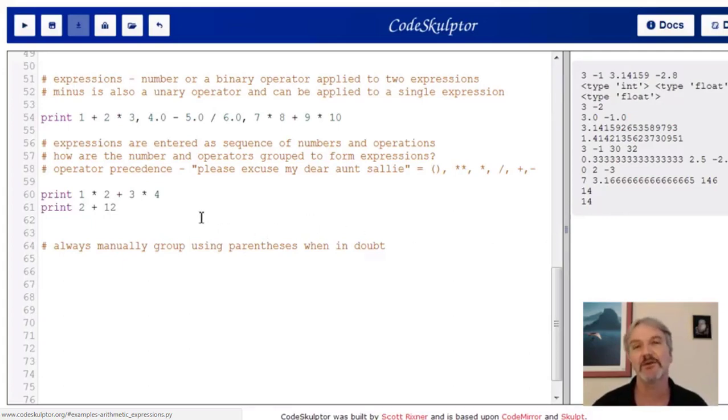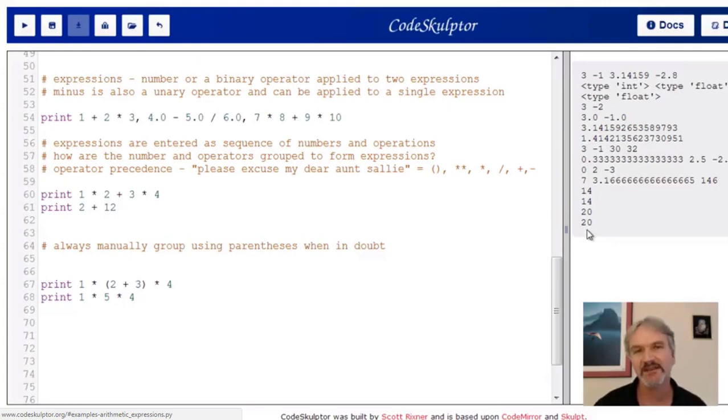And here's the real rule: if you're in doubt about the order in which operations take place, you can always use parentheses. For example, if I wanted to do that 2 plus 3 first, I could say 1 times open parenthesis 2 plus 3 close parenthesis times 4. That should be the same thing as 1 times 5 times 4, and sure enough, these both evaluate to 20.